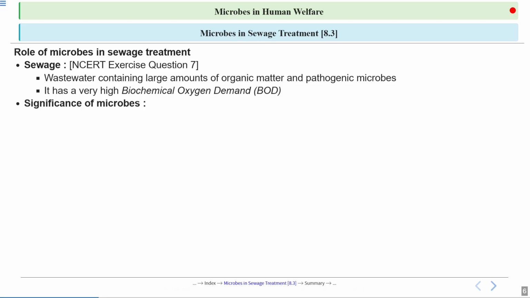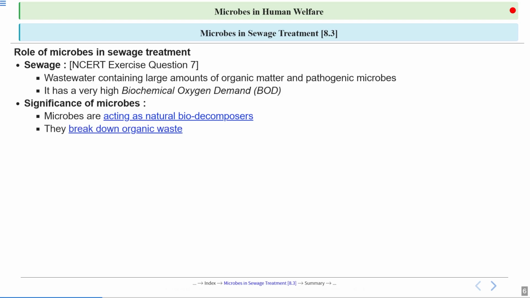Now, what is the significance of microorganisms here? These microorganisms are nature's way of cleaning up the organic waste and reducing the pollution. Microorganisms act as natural biodecomposers, breaking down the complex organic matter into simpler substances. This process is very essential for reducing the harmful impact of the sewage.